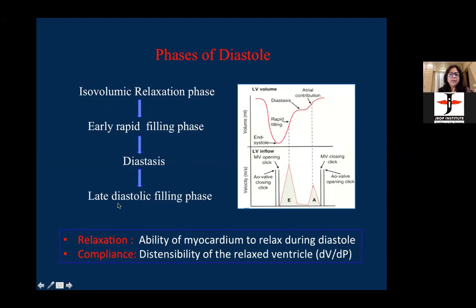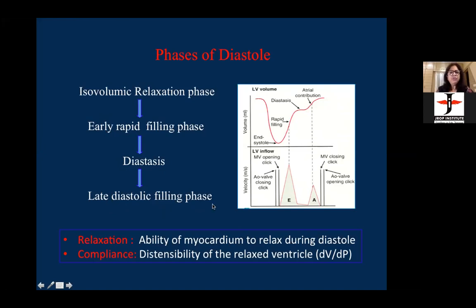And that gives rise to the late diastolic filling phase of the ventricle. Here, this is the atrial contribution, and in the pulse Doppler of mitral inflow, we see the A wave. So the A wave corresponds to the late diastolic filling phase.